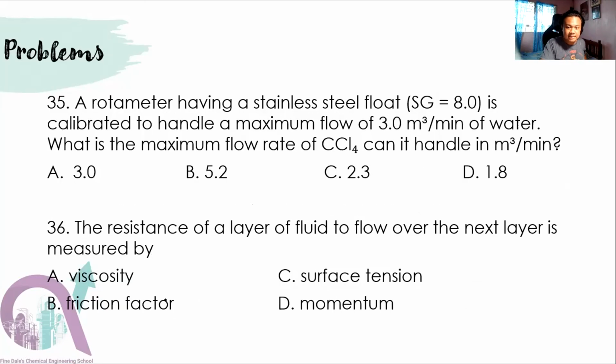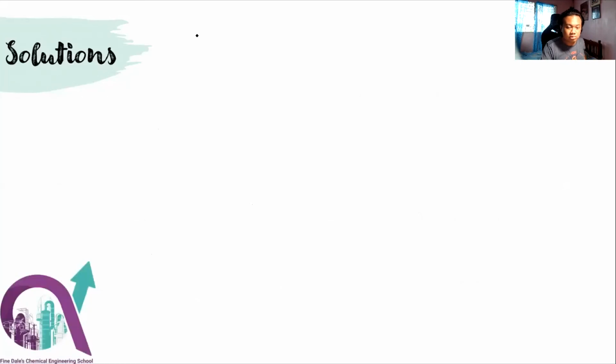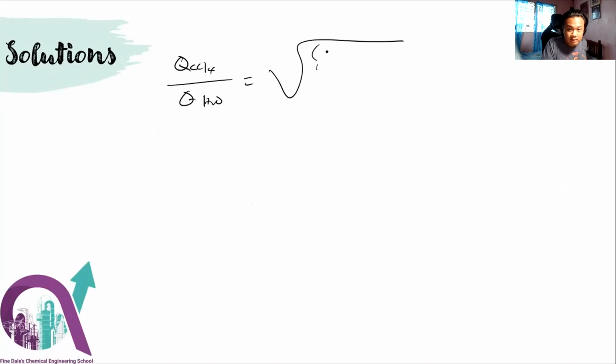Okay, so the last number for this video is number 35, a rotameter. Just read that. The way to solve this is we have CCl4 and H2O. We have this formula with the density of the water, where S is the steel ball.